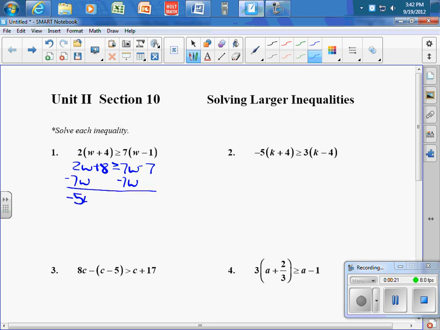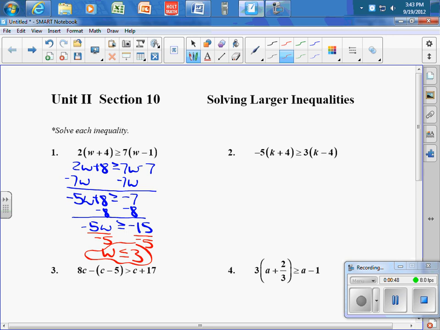We get negative 5w plus 8 is greater than or equal to negative 7. When you subtract 8 from both sides, we get negative 5w is greater than or equal to negative 15. Here, we're dividing both sides by negative 5. So we get w is less than or equal to 3.